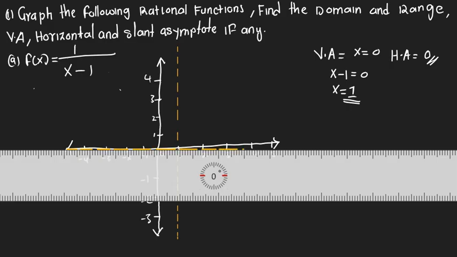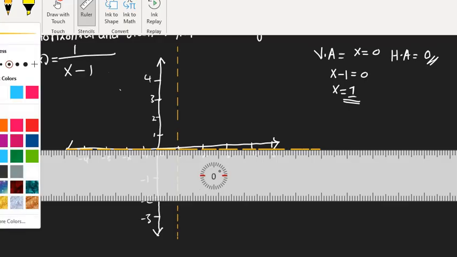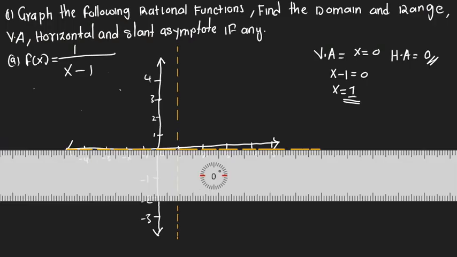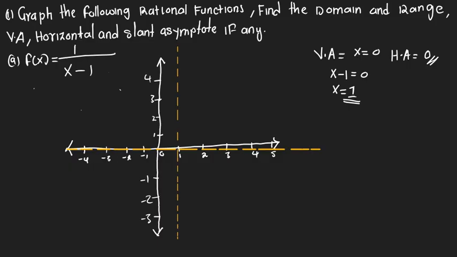This is where my horizontal asymptote is in the 0 image there. What else can I do from here? I'll need to plot now.